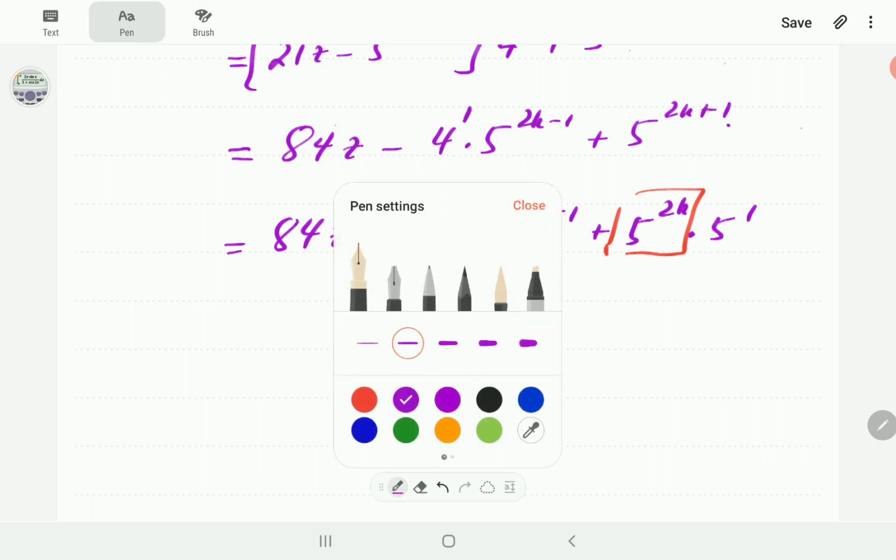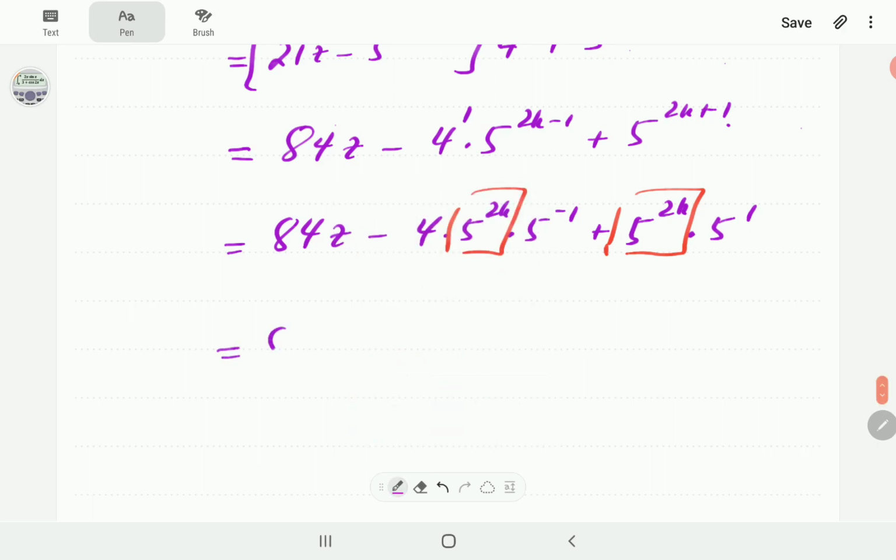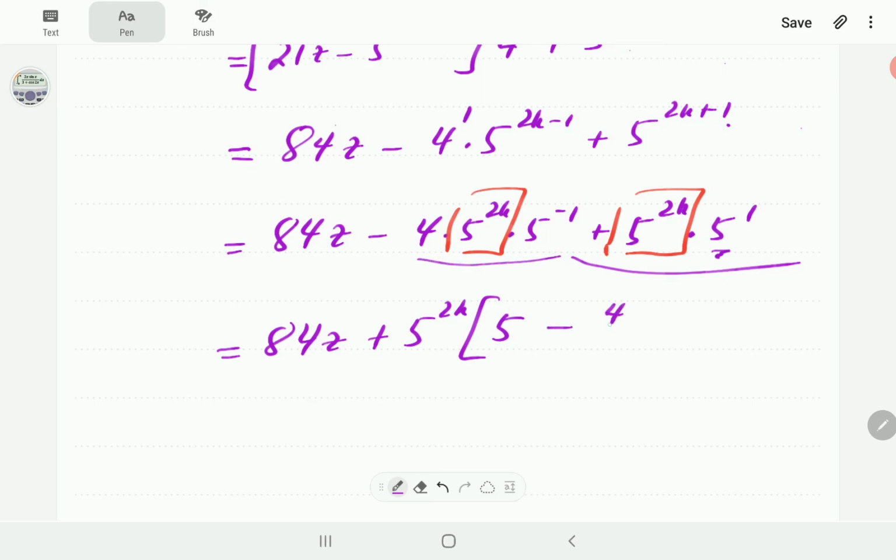So let's do that. So this is going to be 84z. I'm going to start with the plus case, this term here. So 5 to the power 2k, open brackets. From this, we're going to have 5. Then minus from this term, we're going to have 4 over 5. 5 to the power negative 1 is 1 over 5.